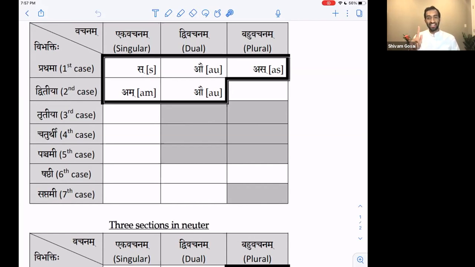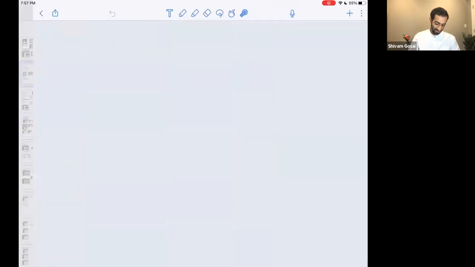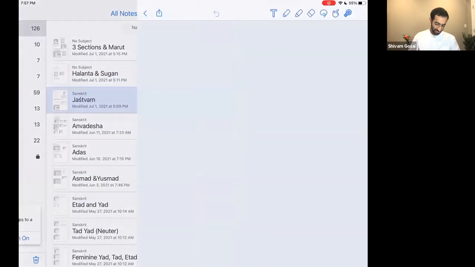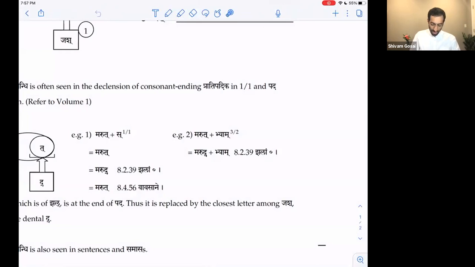So now the letter at the end of that anga becomes padanta, at the end of the pada. Now marut, see, this bhyam came.